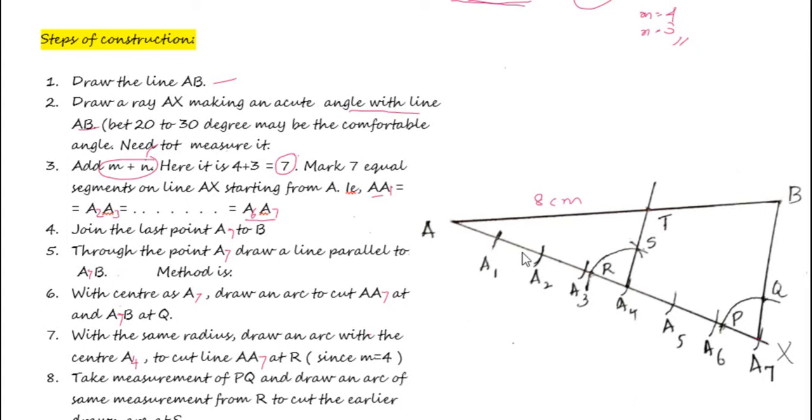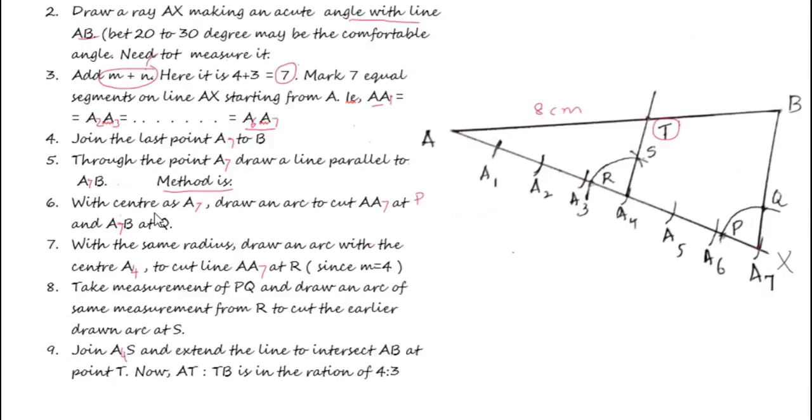Now we need to divide this line in the ratio of 4:3. So mark the point 4 from A. So this is A4. So there are 4 segments here and 3 segments here. Now through A4 you need to draw a line parallel to A7B to cut the line AB at T. How to do this?